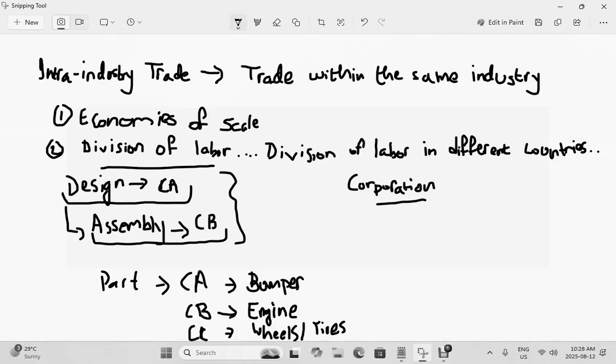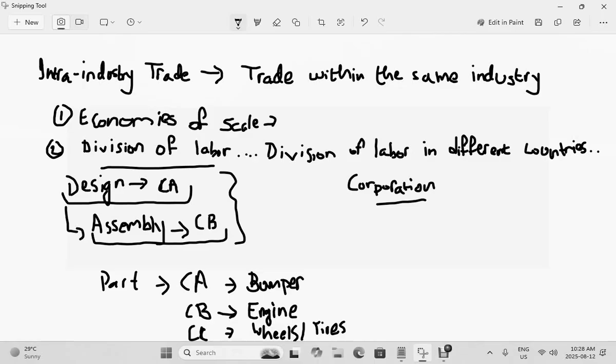And the second part to this, when it comes to intra-industry trade and how companies or corporations profit or gain from it, has to do with economies of scale. We've talked about economies of scale in the past. This has to do with cost of production. The cost of production goes down as you invest more capital into the business, for example.